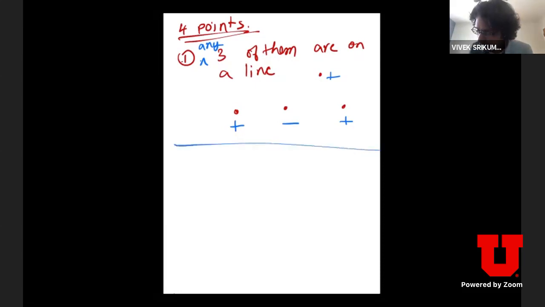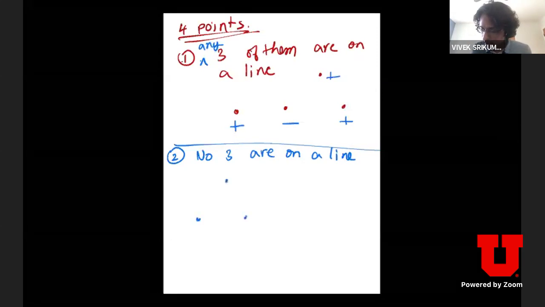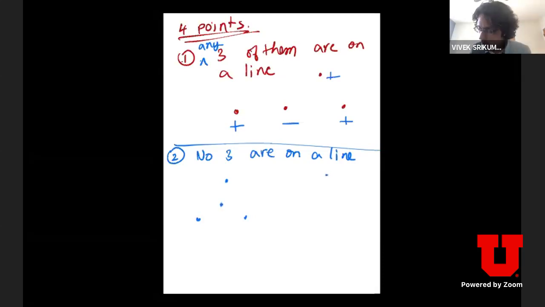Let's consider the other case. No 3 are on a line. If no 3 of them are on a line, that means 3 of them form a triangle, and the 4th one can either be inside it, or outside it. These are the only 2 ways in which no 3 points can be on a line.